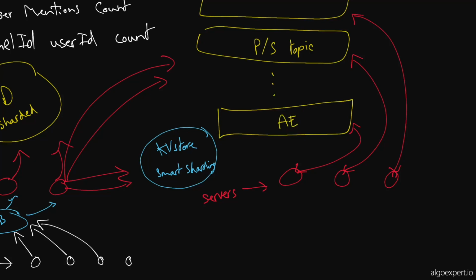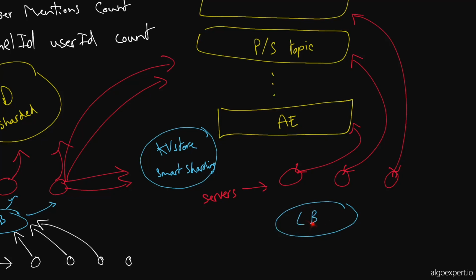This is the Algo Expert org topic. This API server is subscribing to that. But if this API server is pushing all Algo Expert messages here to this topic and following this smart sharding strategy, this API server might need to follow this smart, or maybe what we can do is we can have a load balancer. Okay, yeah, so this is what we're going to do.